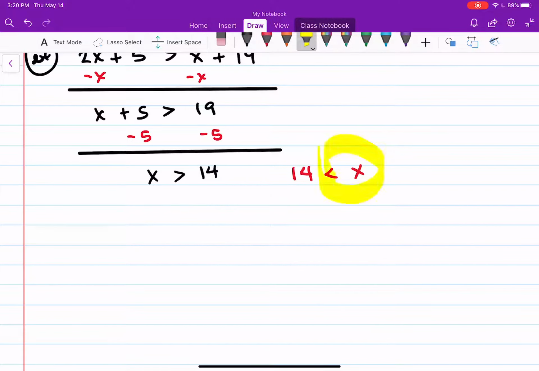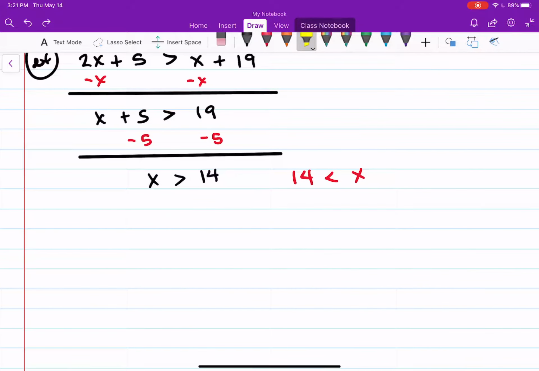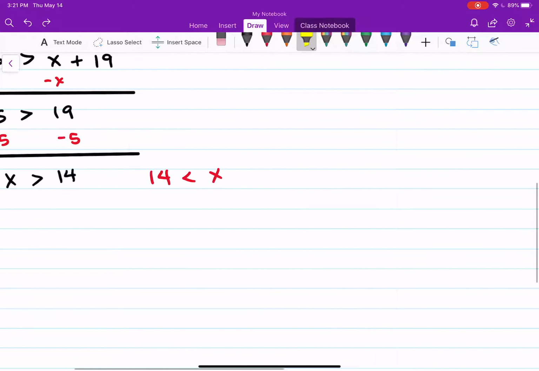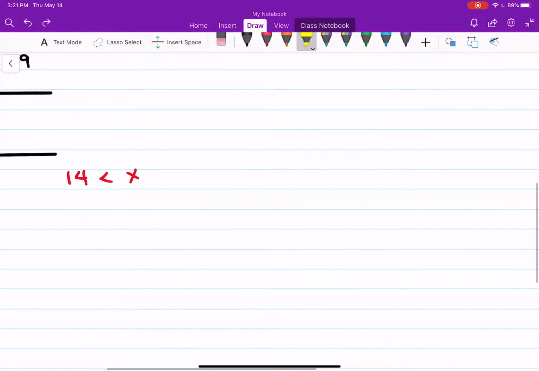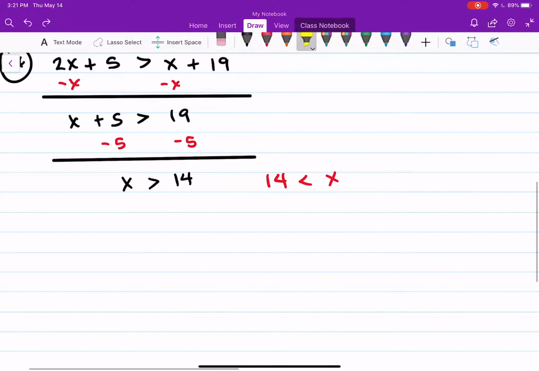Notice how remember how they say, when you mark these signs, it's like the shark eating the bigger fish, right? So if you notice that the open part of the mouth is still towards the x, okay? So these two are the same thing, right? So in case if you do only get that, then just flip it over and you get that, okay?